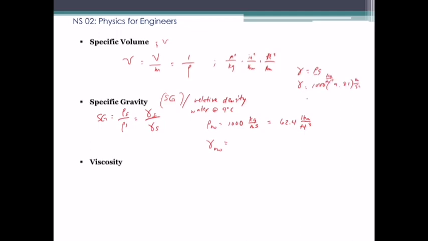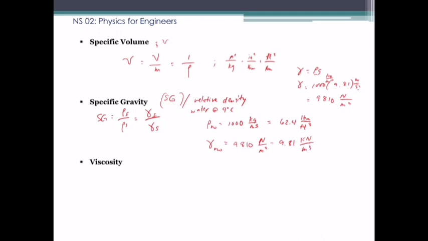That is 9810 kilogram meter per second squared per cubic meter, which is Newton per cubic meter, or 9.81 kilonewton per cubic meter.